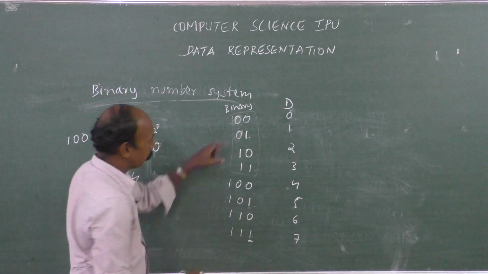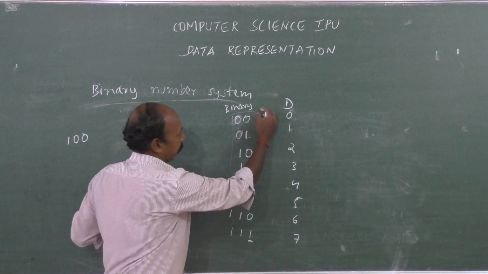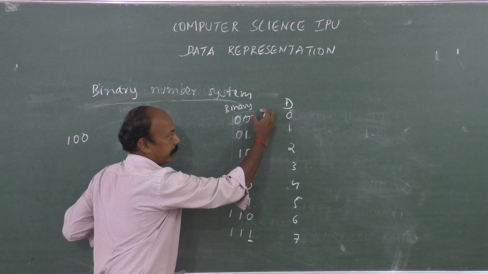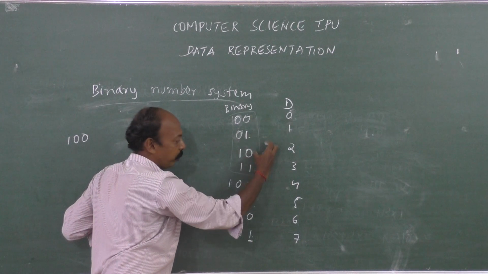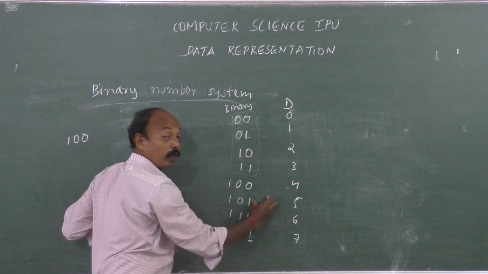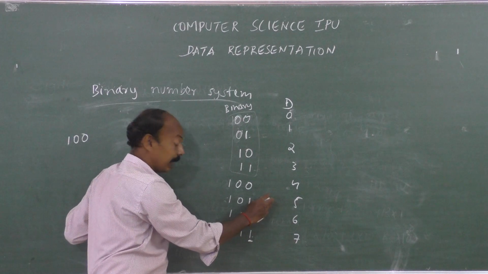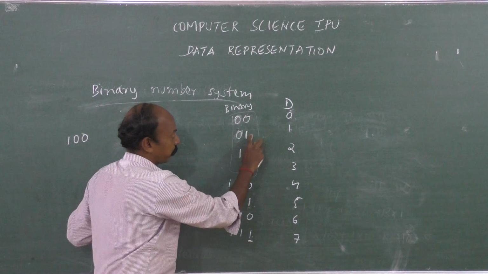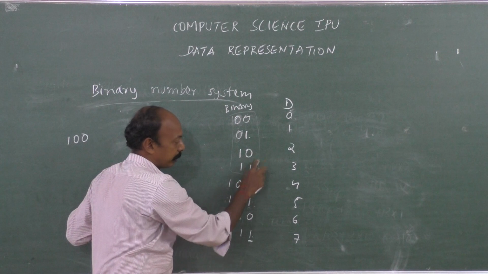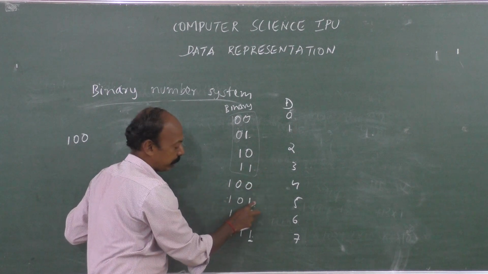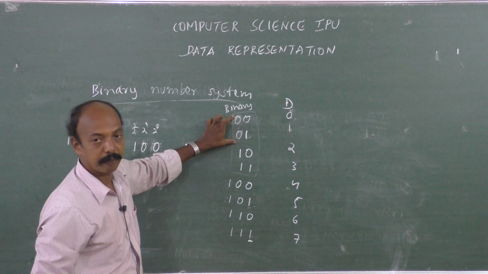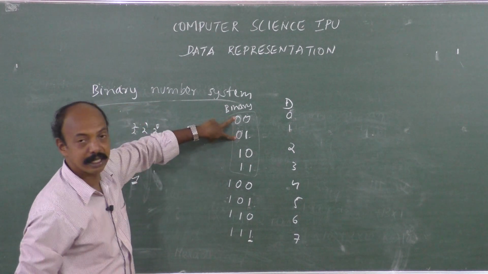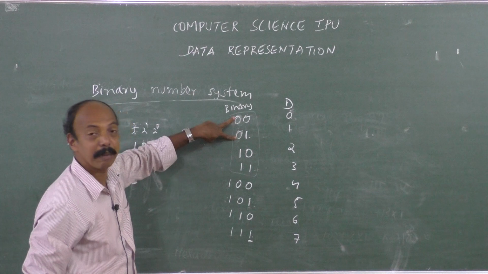One more thing that you can note, the last bit, 0, 1, again 0, 1, again 0, 1. It toggles, in the sense it changes every time. 0 becomes 1, 1 becomes 0, again 0 becomes 1, 1 becomes 0. But what about this one? 0 twice.